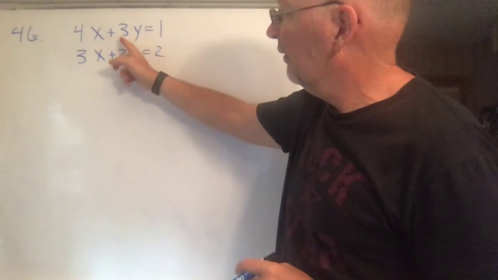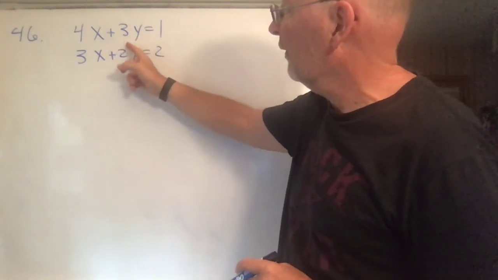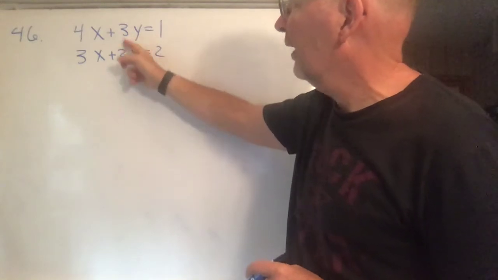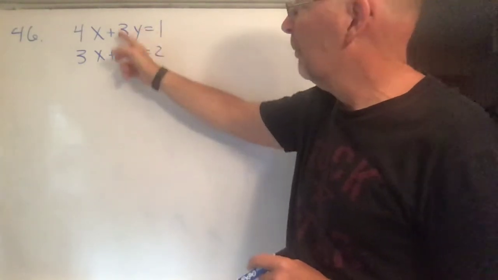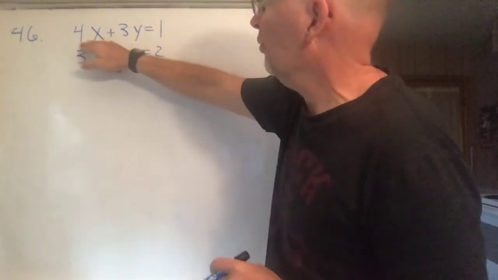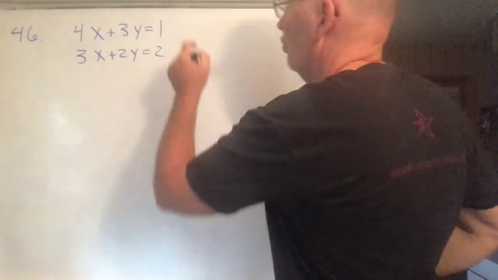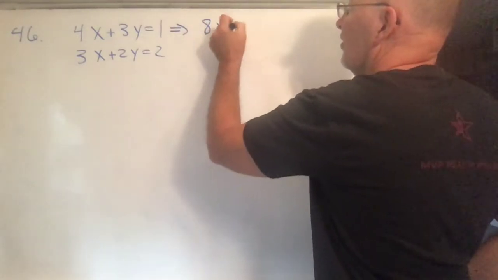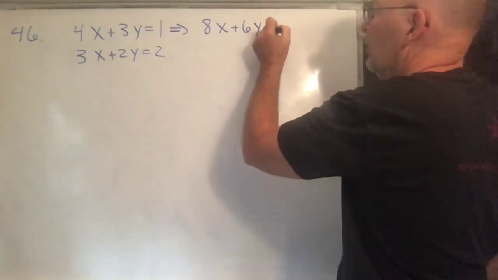But without going through all that hassle, I think it's easier if we do this. It's called the method of elimination. So let's get rid of the y's. You have 3 y's there and 2 y's there, so we need to manipulate these equations so we have the same number of y's. So let me multiply this equation here by 2. If I do it, I'm going to get 8x plus 6y is equal to 2.